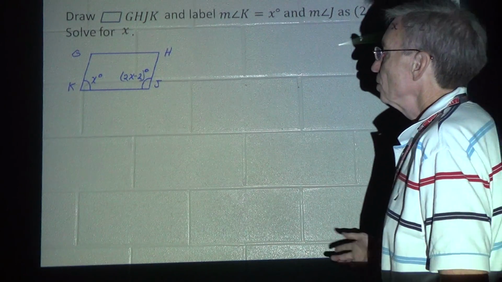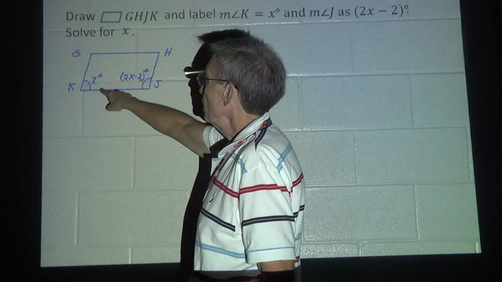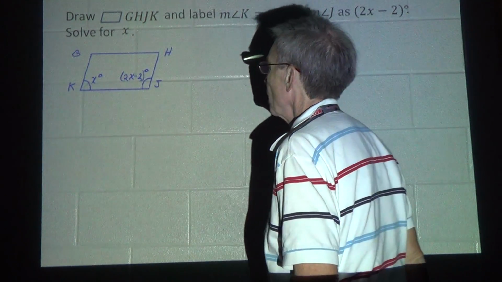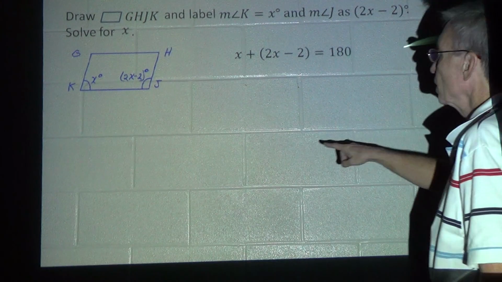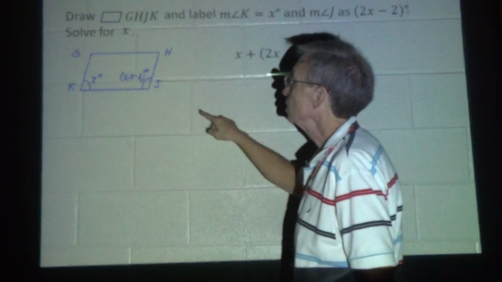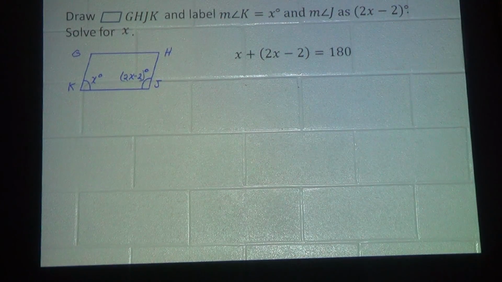Okay, so they said to mark angle K equal to x and angle J equal to 2x minus 2. This means that these two angles, because they're consecutive angles, have to add up to 180. So x plus 2x minus 2 equals 180.